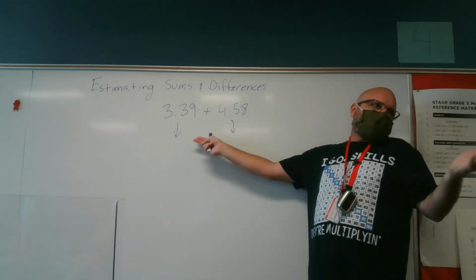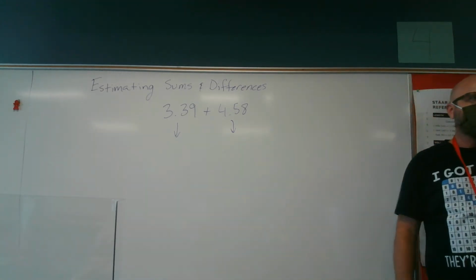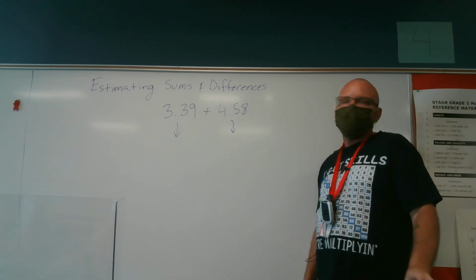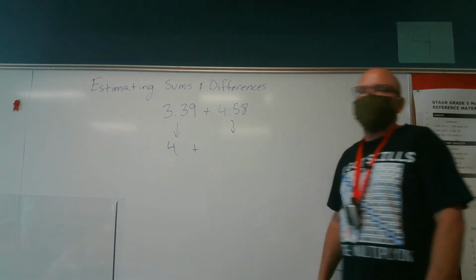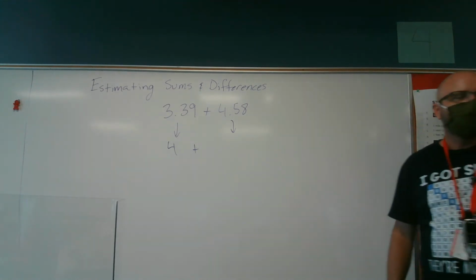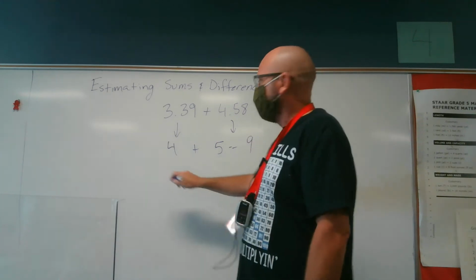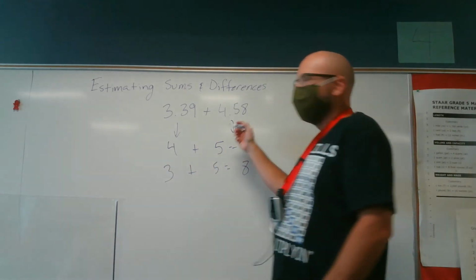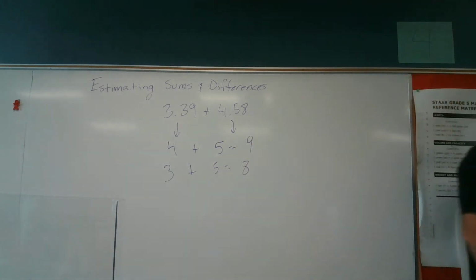So, Carly, 3 39/100. What do you think we should make that? Okay, 4. 4 58/100. Carly? 5. A lot of people change that to 3. Now we know our answer needs to be somewhere around 8 and 9.